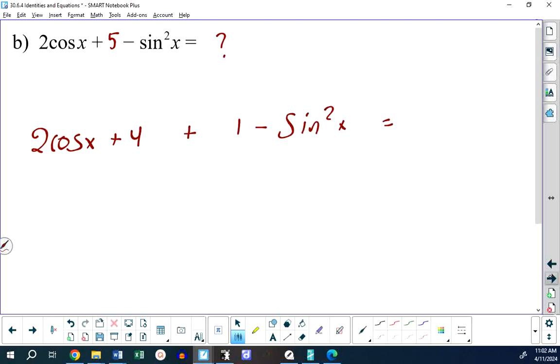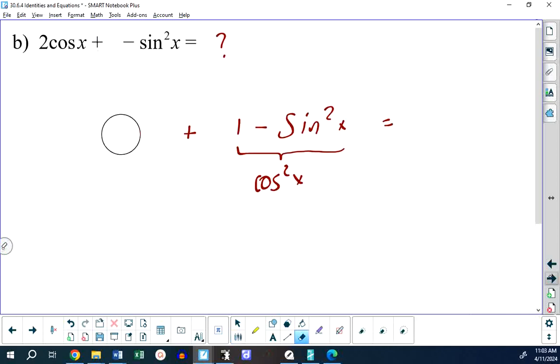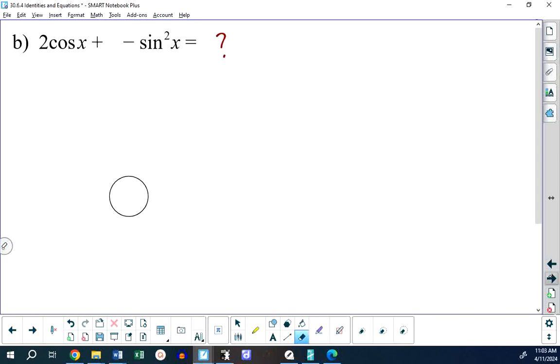You could do that, I suppose, right? And then put in cos squared x here. Are you with me on that? Okay. But what if there isn't even a number there? What if it's just this?